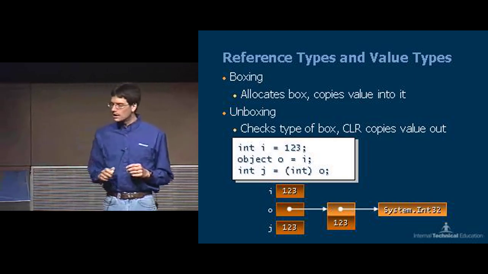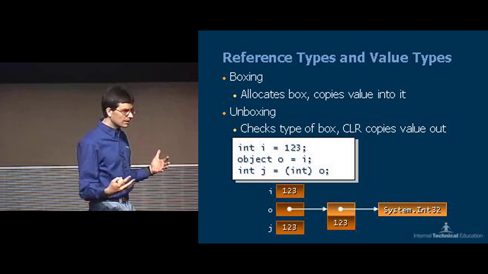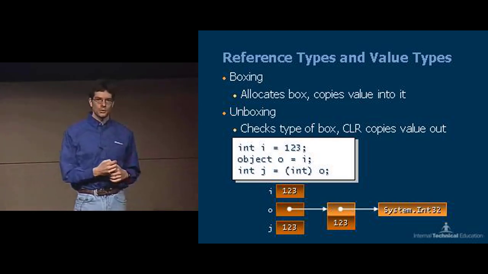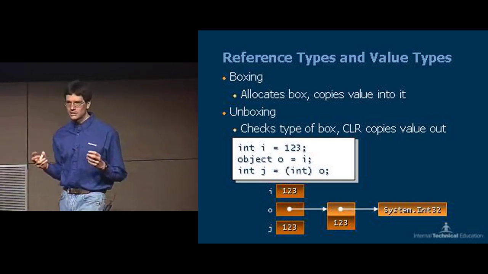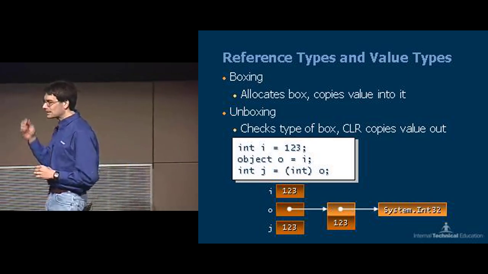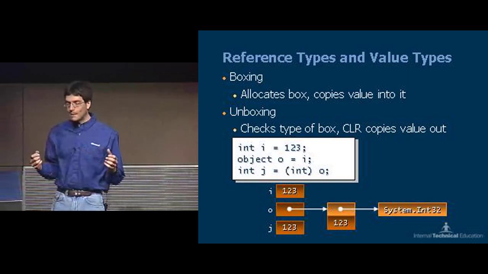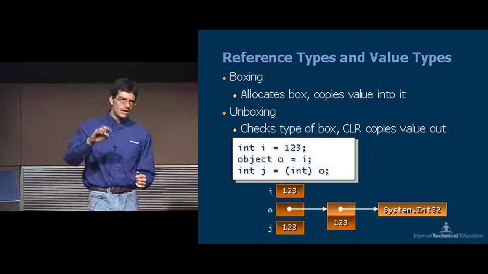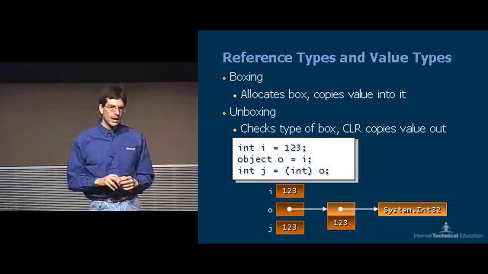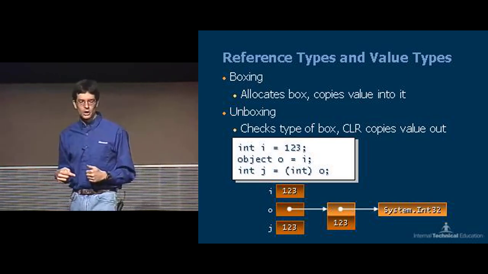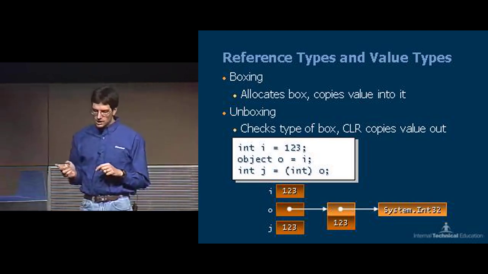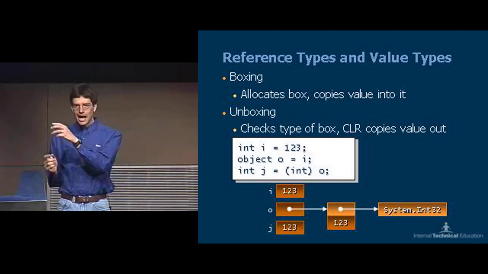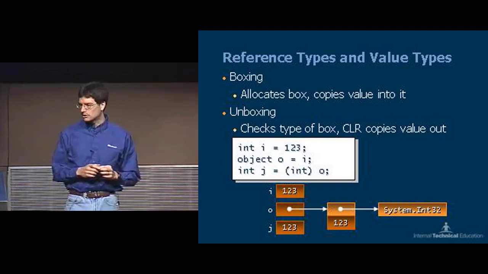Whenever it's needed, a value type can be transformed by the runtime into a reference type through a process called boxing. What boxing does is allocate a box, some bit of memory on the GC heap, and copy the data from the value type into that box. And unboxing is the reverse operation, where it makes sure that you can safely unbox, and then it copies the data out of memory back onto the stack.